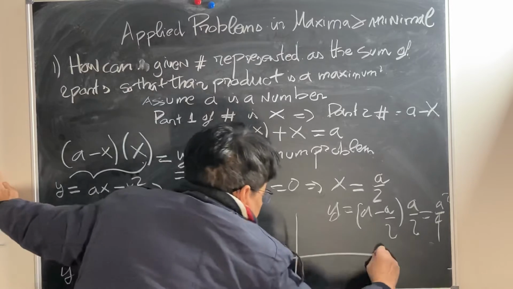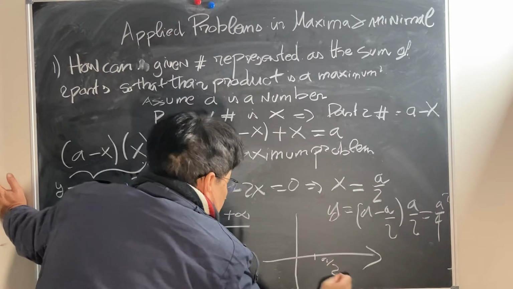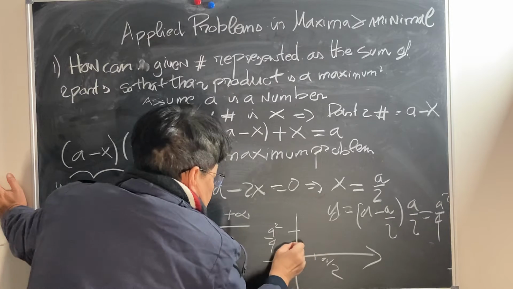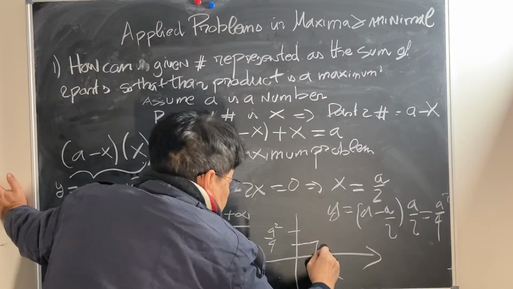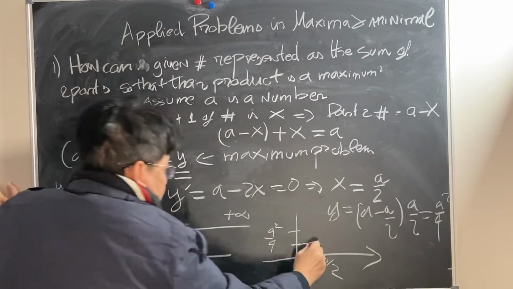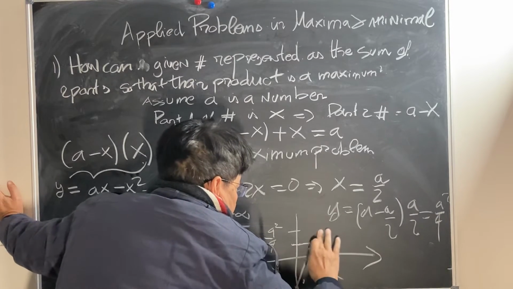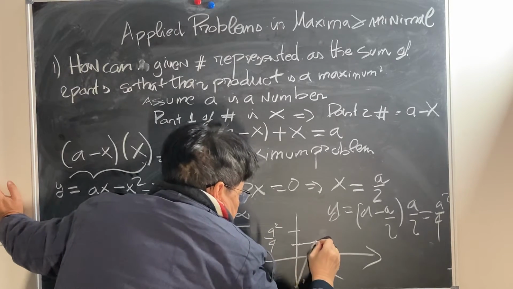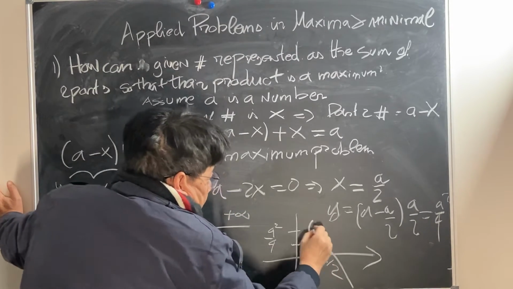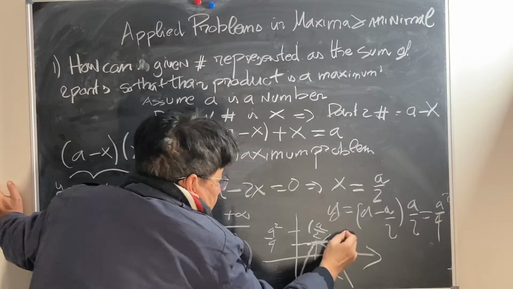Okay, because the graph looks like this one right here. A over 2, a squared over 4, just right here. The graph goes up and goes down right here. So this maximum point has the coordinates a over 2 and a squared over 4.